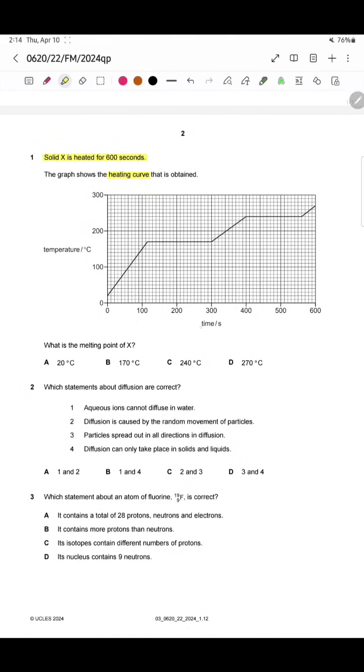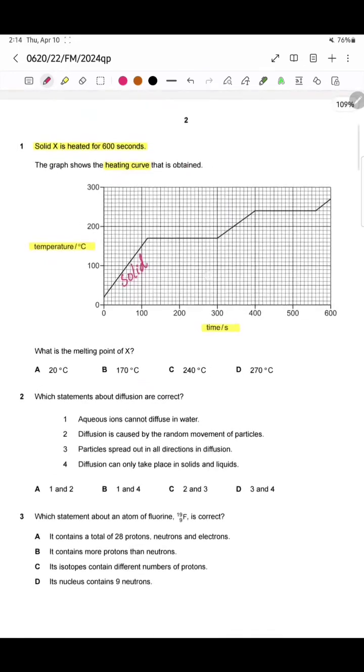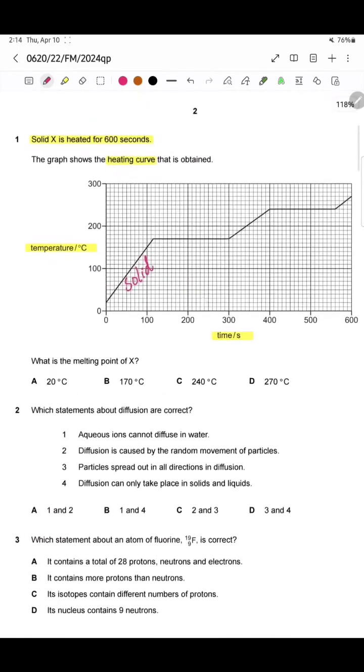Okay, now the time is given on the x-axis, the temperature is given on the y-axis. The line that we get in the start shows the substance is solid. And what is the temperature that we have here? This is 100 degrees Celsius and here we have 0 degrees Celsius.